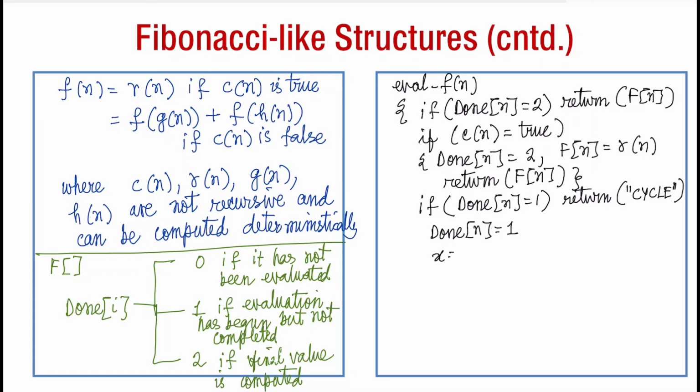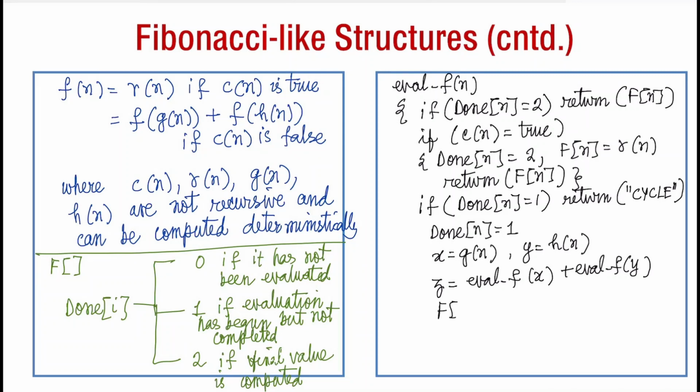Then you set done n equal to 1, because you are now starting the computation. We compute x equal to gn, we compute y equal to hn, and then we evaluate z equal to eval f x plus eval f y.